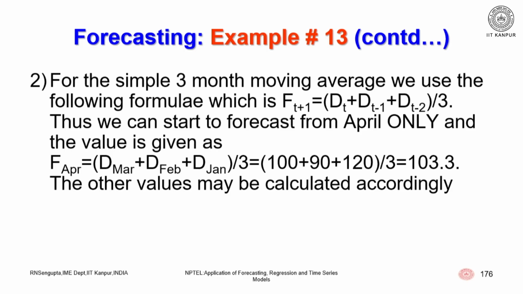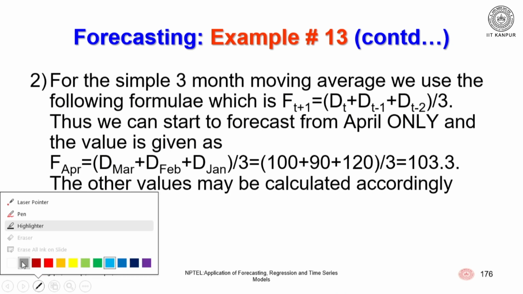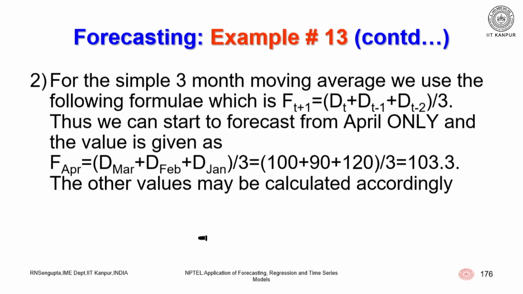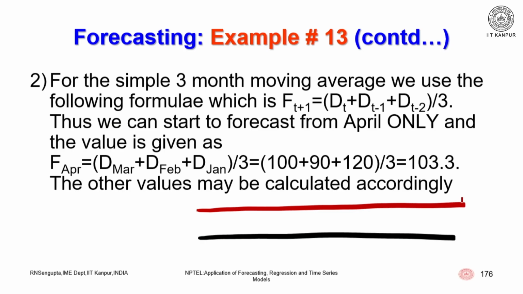Now, for the simple 3-month moving average, which is the second part of the question, I will write down and draw the time frame accordingly. So, this is for y, and if you remember, I did it in order to make the comparison for y and f more clear. Here y is d, and the line above which is dark is basically corresponding to f.